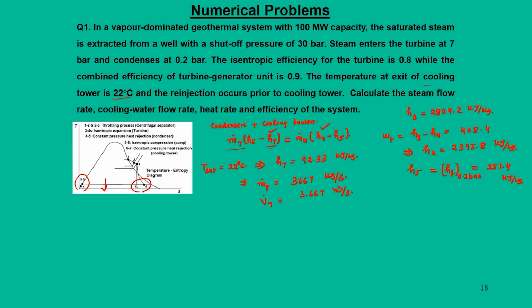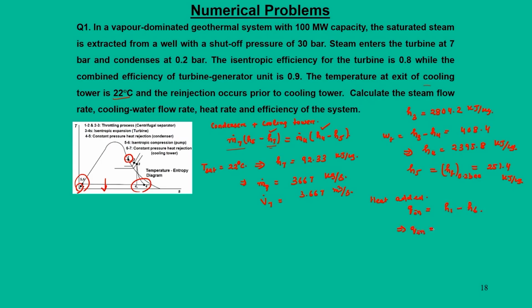Then the next job is to find out heat added. We started with point 1, ended with point 7. So, heat added, which is Q in per unit mass, is h1 minus h6.